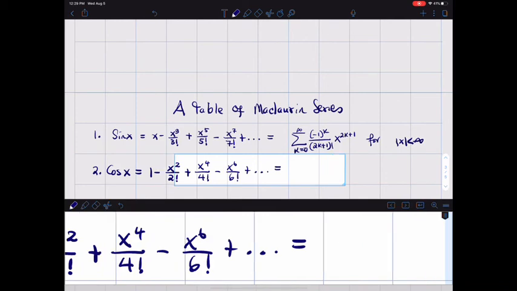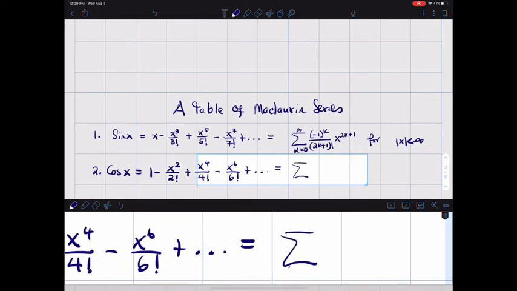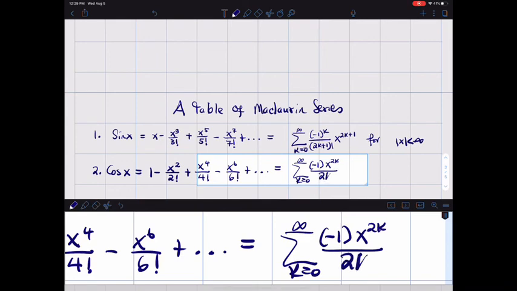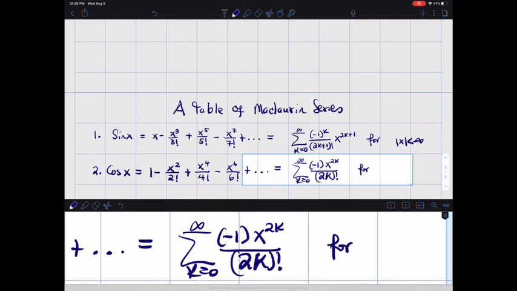So this is another way to show you that the sine function is an odd function, and the cosine function is an even function, because you can see that all the powers in the sine series are odd powers, while those of the cosine series are even powers. All right.